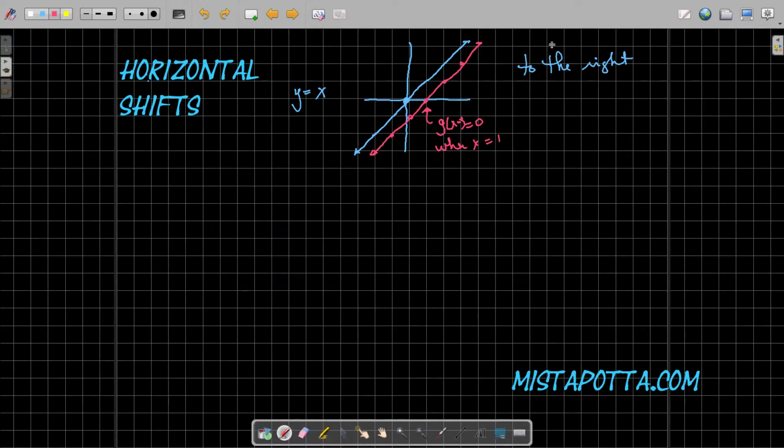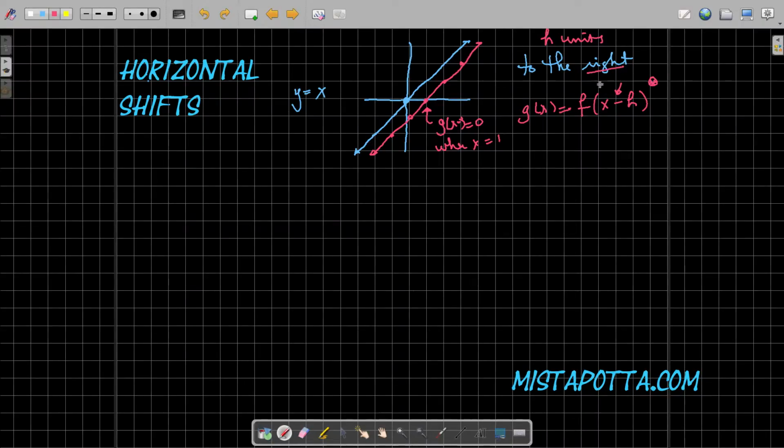In other words, if I want to move something h units to the right, I'm going to have to say that g of x is equal to f of x minus h. And it's important to note that the sign that we see here is going to be the opposite of what we think should happen.